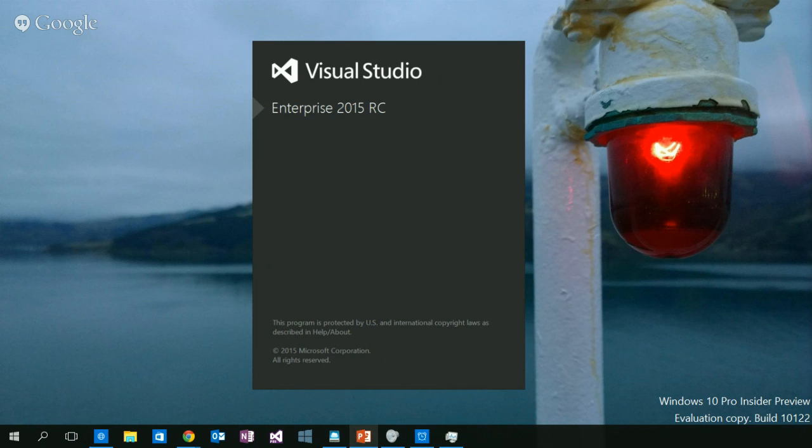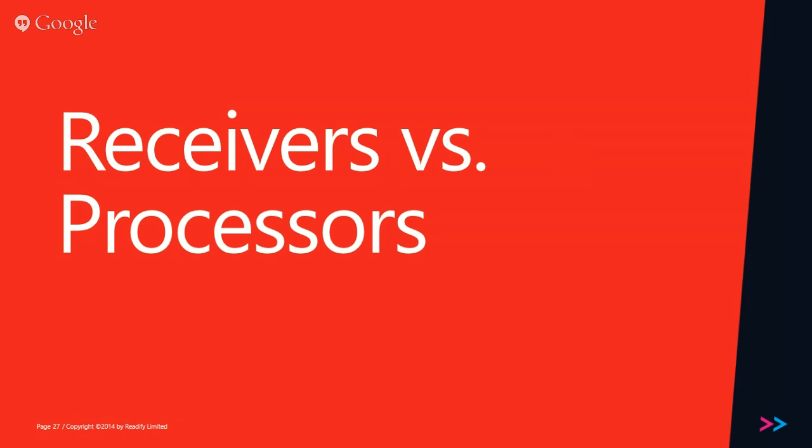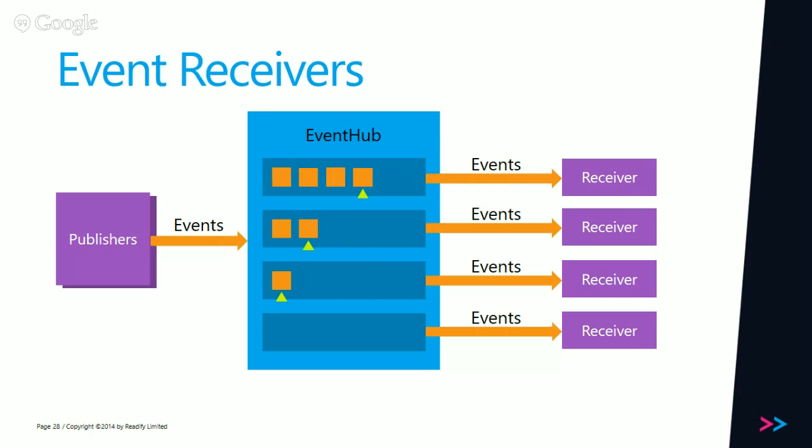I'll just keep moving along and explain why the difference between having an event receiver and working with another model called the event processor host is significant. So let's talk about receivers versus processors. The way event receivers work is you have an individual event receiver subscribed to an individual partition.